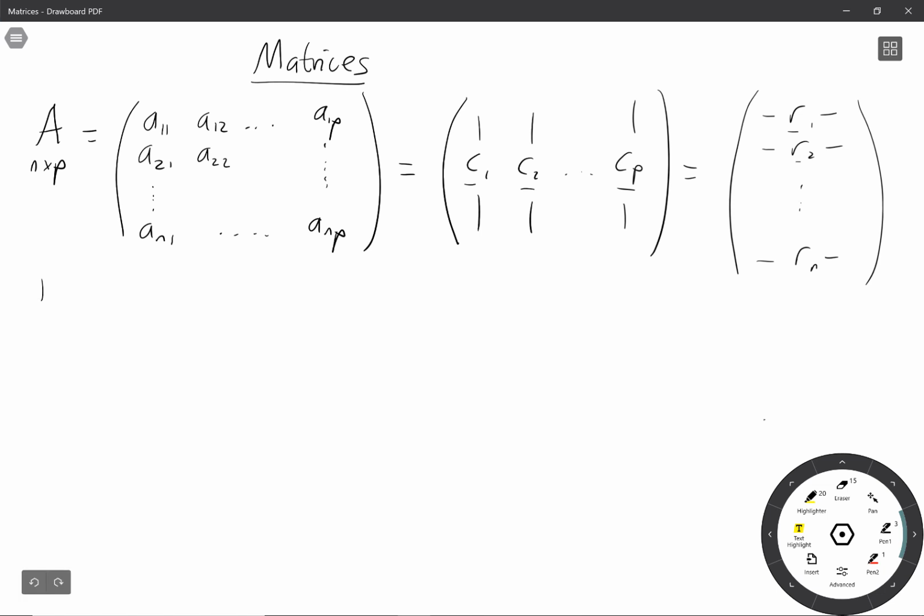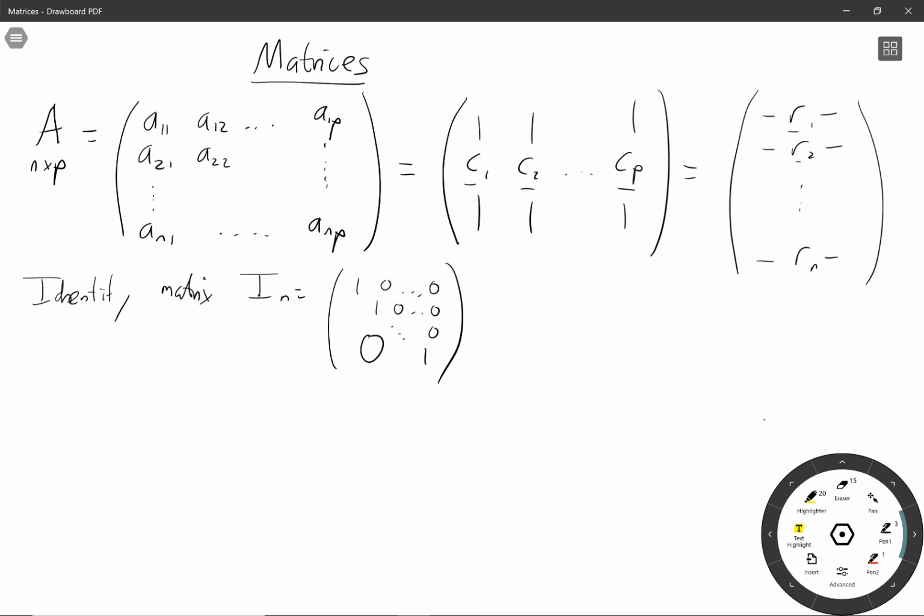We've got the identity matrix, I_n say, so that is the n by n matrix which has 1s on the diagonal and it has 0s off diagonal. Sometimes I might just write that as a big 0 to indicate all the elements off the diagonal are 0.